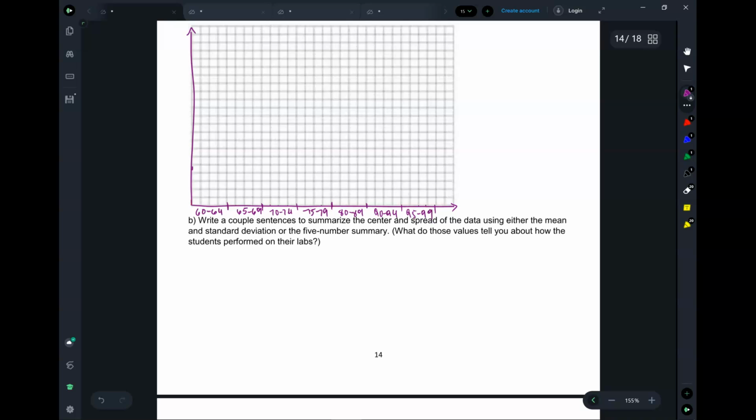What I did here, I came up with using my own mind. It's 60 to 64, 65 to 69, 70 to 74, 75 to 79, etc. How'd you go from 70 to 89? Oh, sorry, I skipped one. 80 to 84.